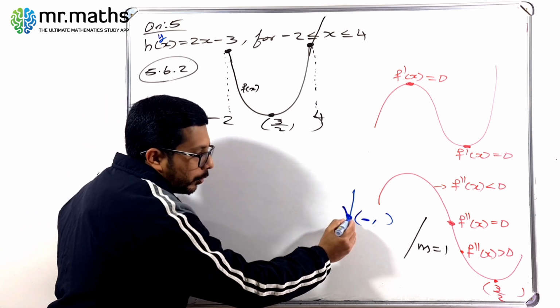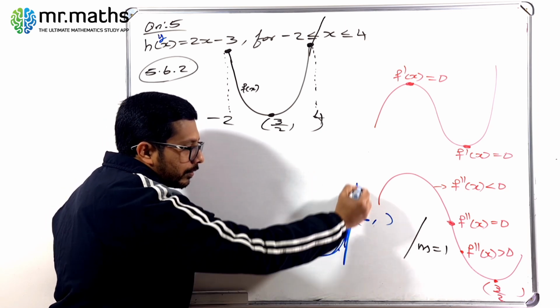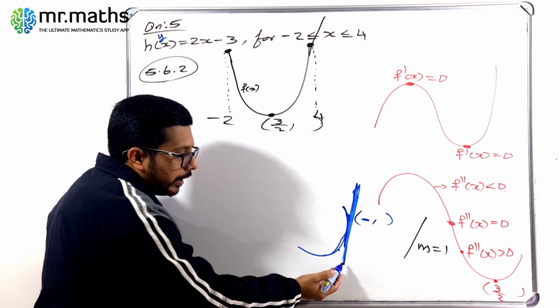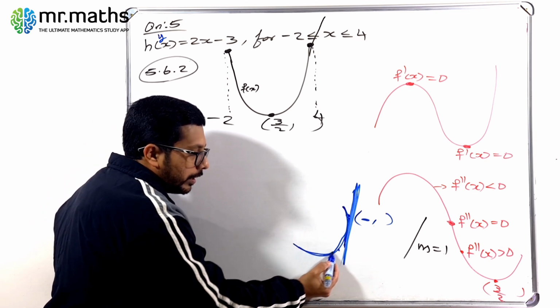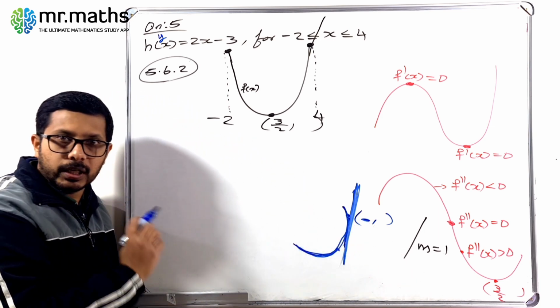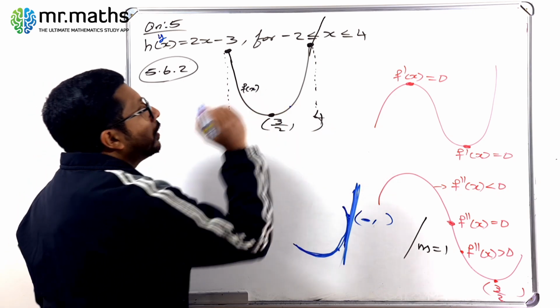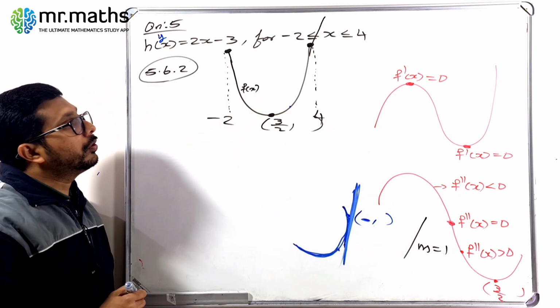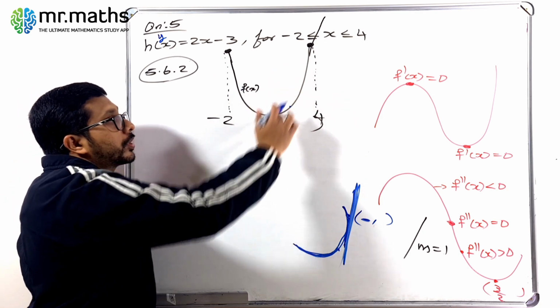There is a point here, and there is a tangent like this. How can I find the gradient of that tangent? First, I want to find the derivative of this curve, then substitute the x value. Do you remember in the calculus section? So here we know the equation, the derivative of this function.